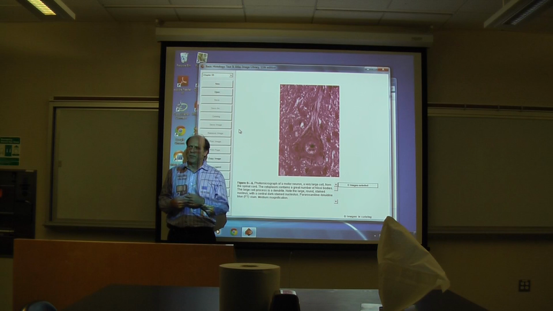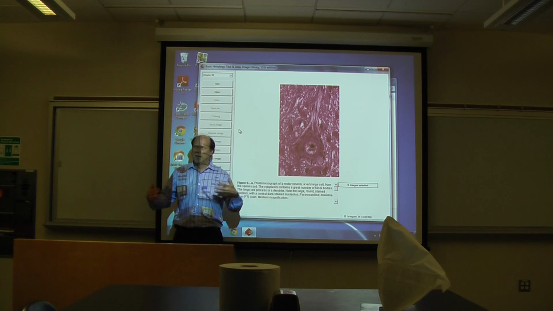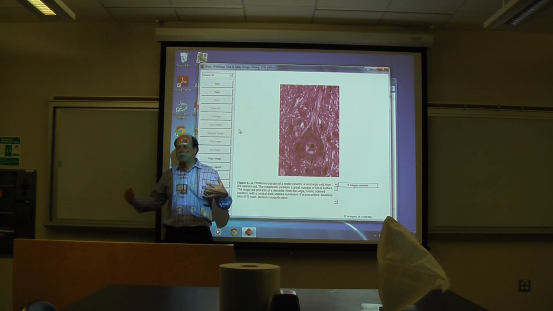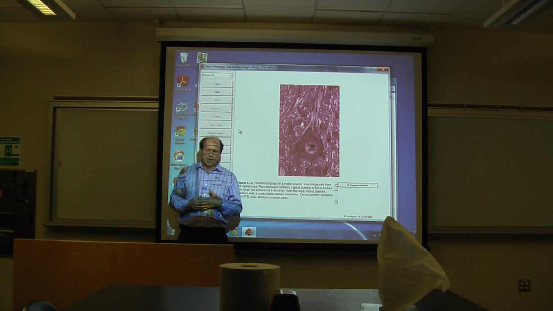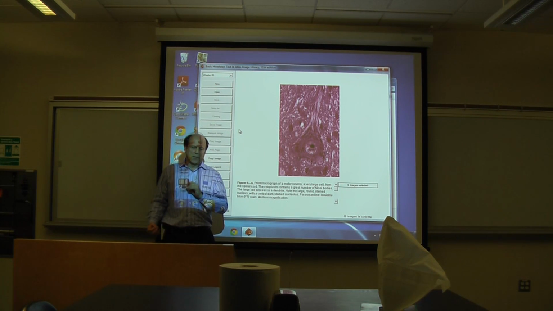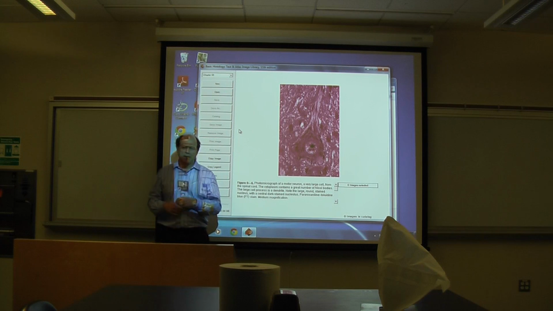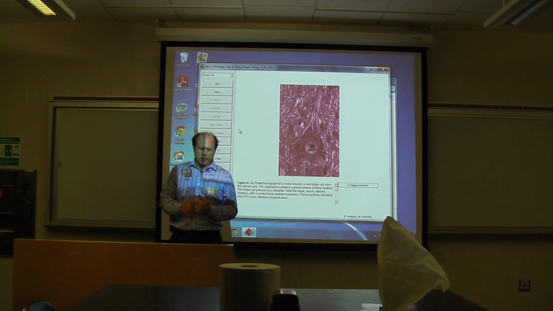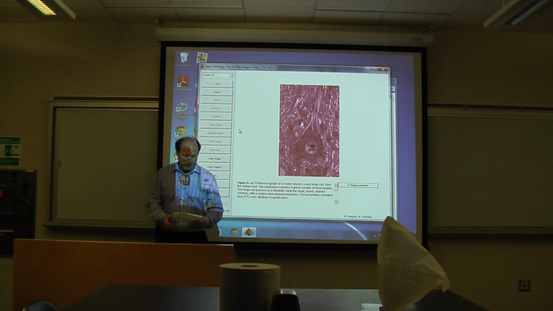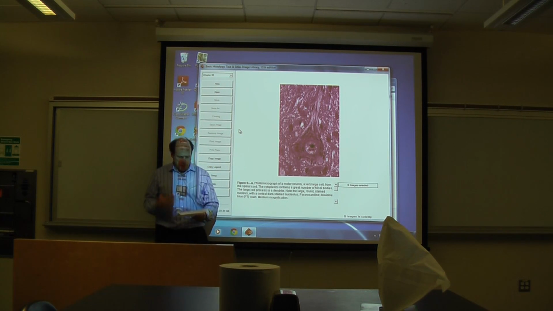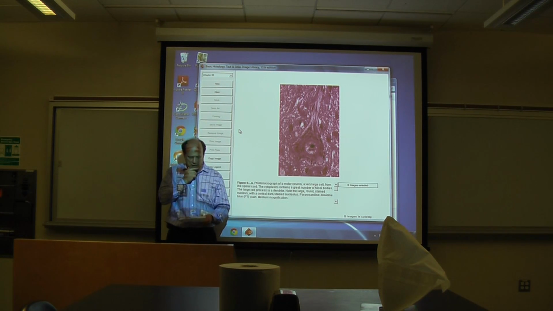It's also going to need synthetic machinery to maintain those sodium-potassium pumps, and to make neurotransmitters that operate at the synapse. The larger the neuronal cell is, and the more active it is, the more rough endoplasmic reticulum it's going to need, and that ends up being this Nissl body observation.